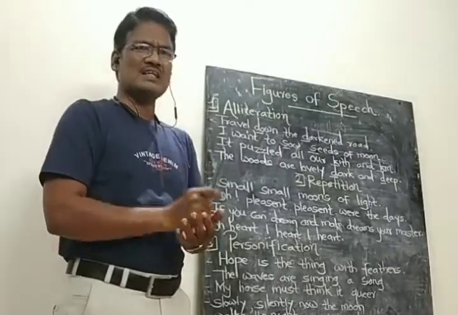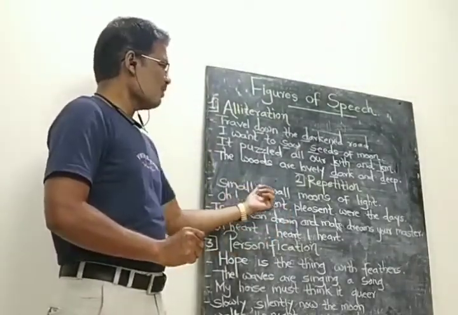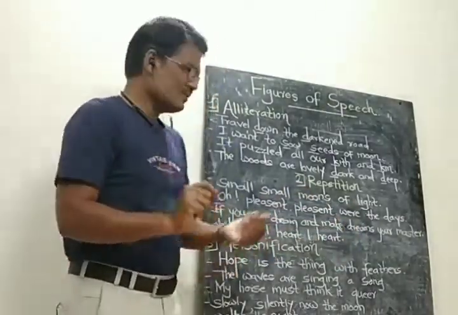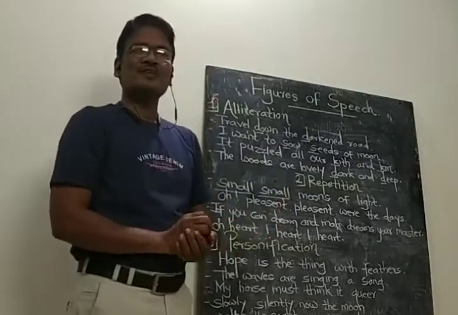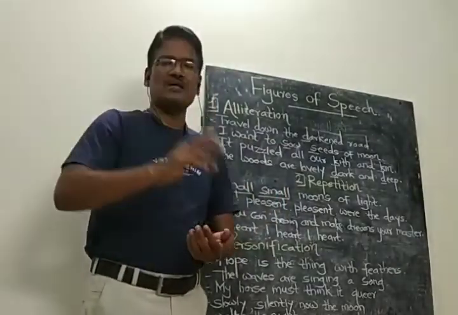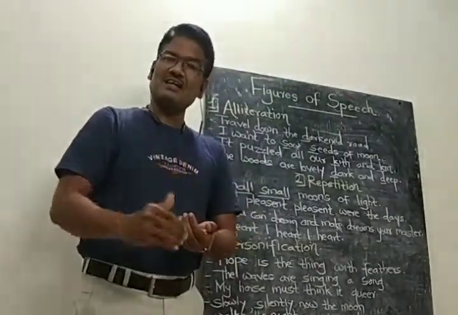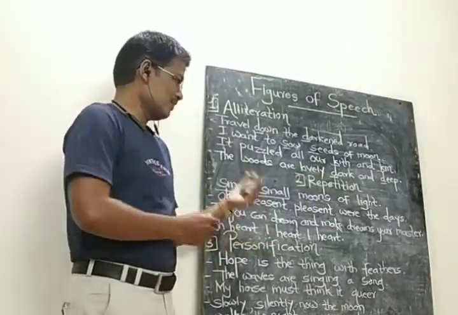Let us see some of the examples from our textbook. Small, small moons of light. In this sentence, the word small is repeated 2 times. When the same word is repeated again and again, it is known as repetition.